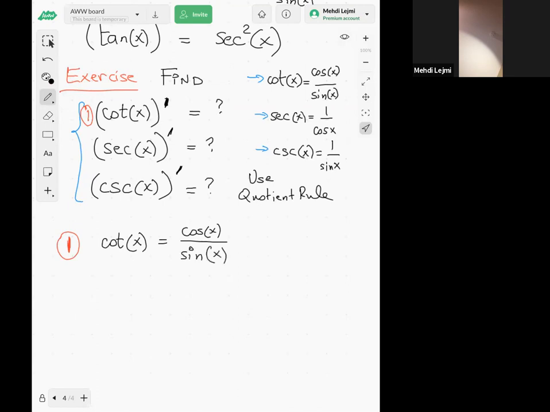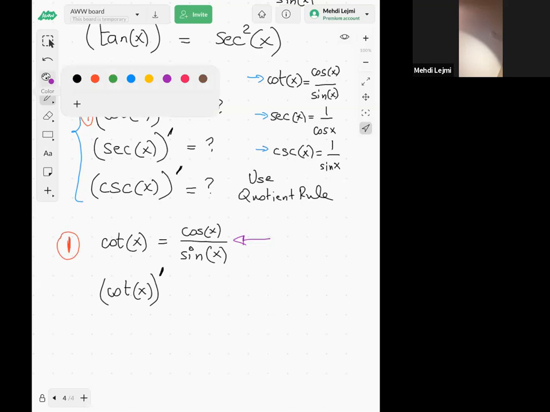Now we want to compute the derivative of cotangent of x. Because this is a fraction, if you want to compute the derivative of a fraction, you have to use the quotient rule. So this is like f over g.